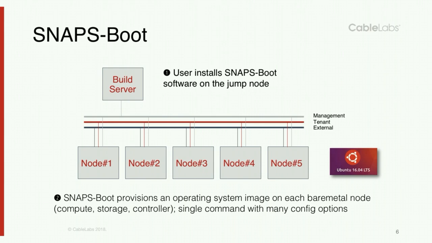Once it's installed, it can automatically provision the operating system on additional nodes, and these additional nodes could be compute, storage, or controller bare metal nodes. It's a single command with a variety of config options. You do need a certain number of networks that are connected to each of these nodes: management, tenant, and external. And it installs Ubuntu 16.04. So that's SNAPS boot.